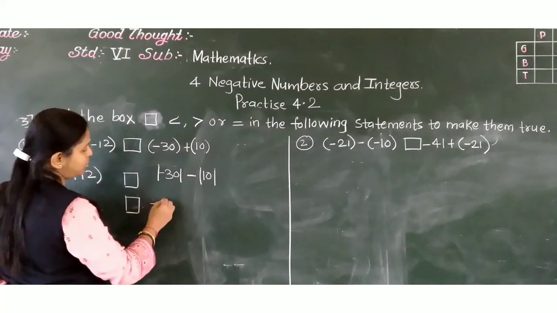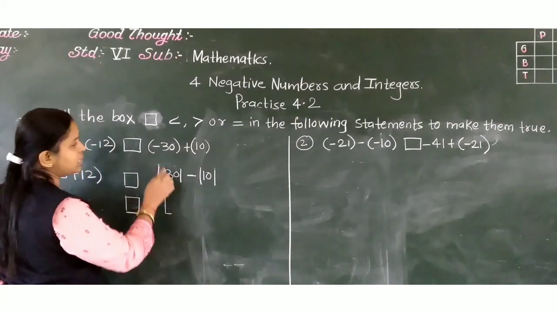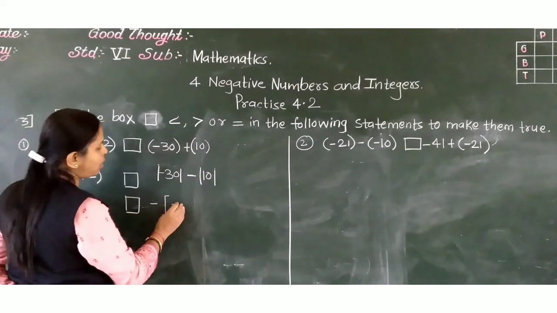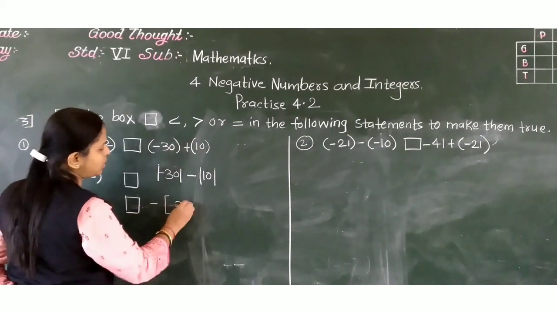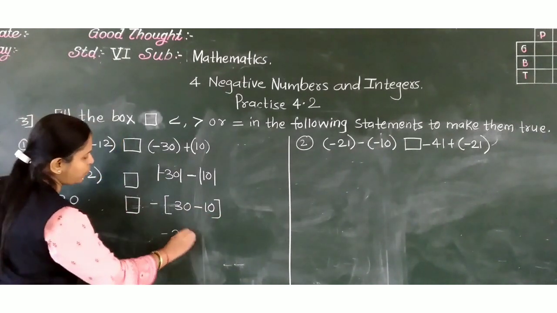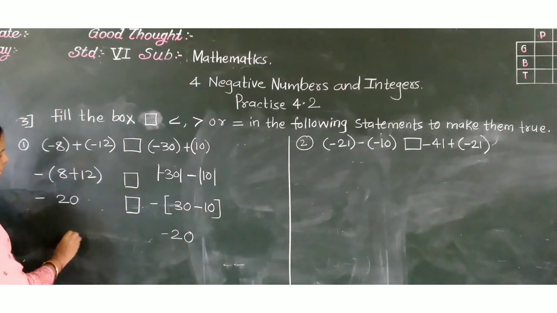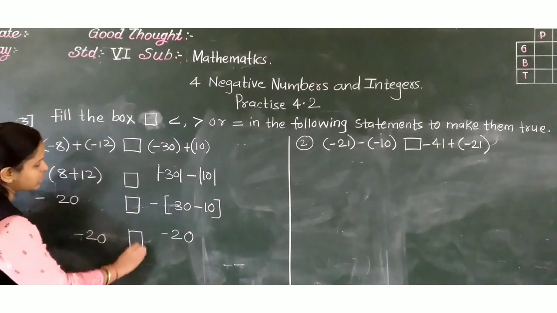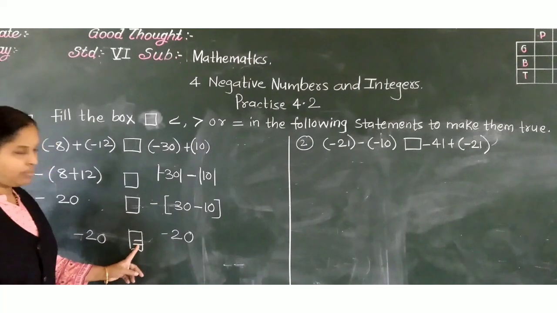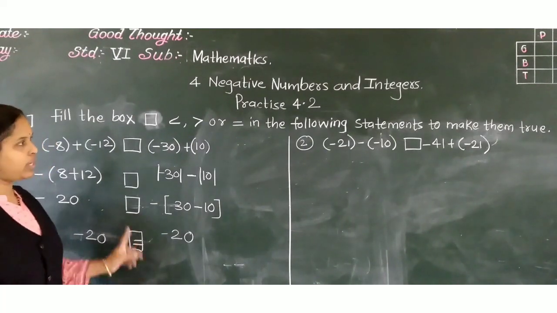As this absolute value is greater and it is minus, the answer will be negative. So the absolute value of minus 30 is 30, minus 10, that is minus 20. Here the answer is minus 20, and here is also minus 20. So both are equal. So which sign will come? Equal sign will come. Got it?